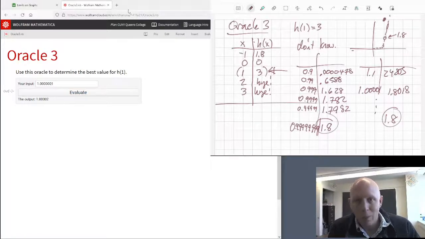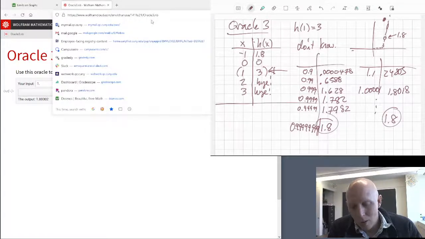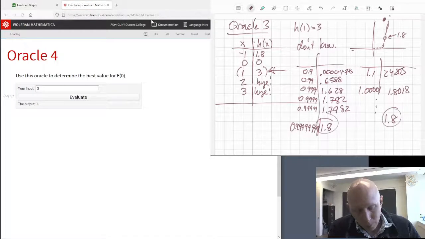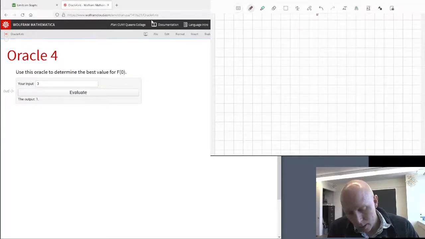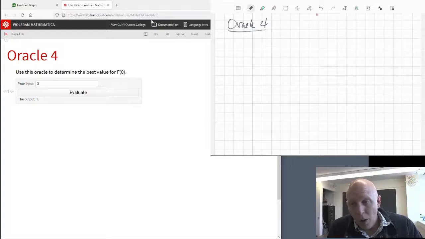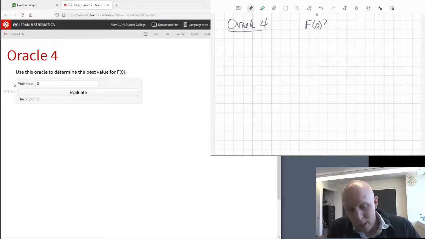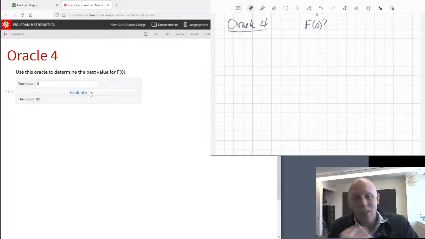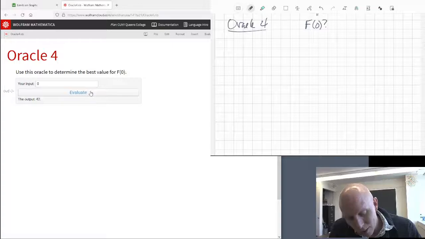All right. Let's look at oracle number 4 here. Oracle 4, let's try to figure out what the best function value for f of 0 is. So let's plug in 0, and we realize plugging in 0 doesn't actually tell us anything because we need to look at what's happening on either side of 0.